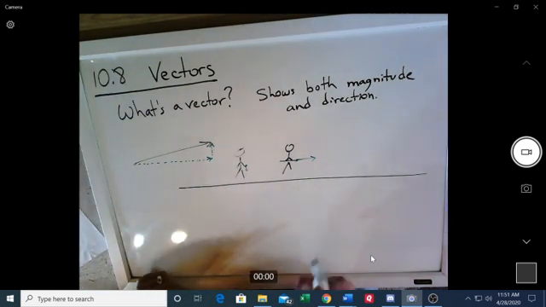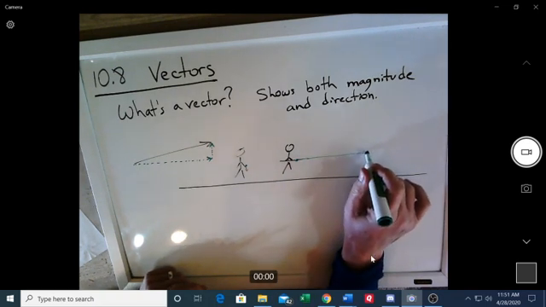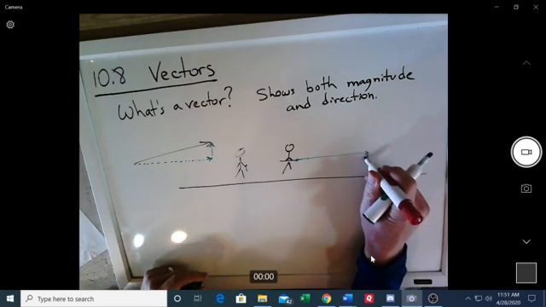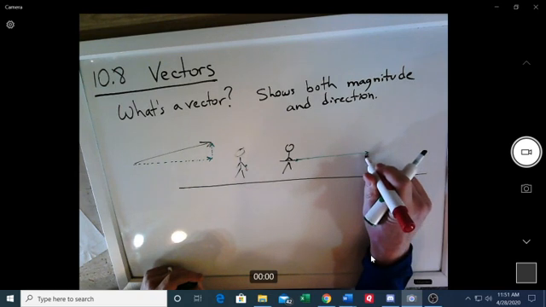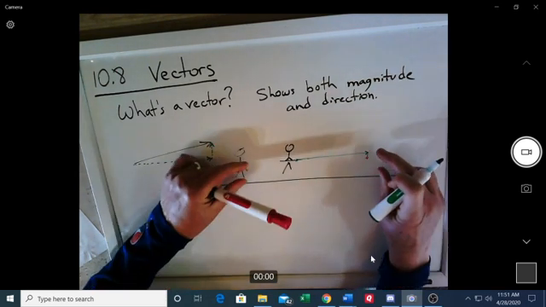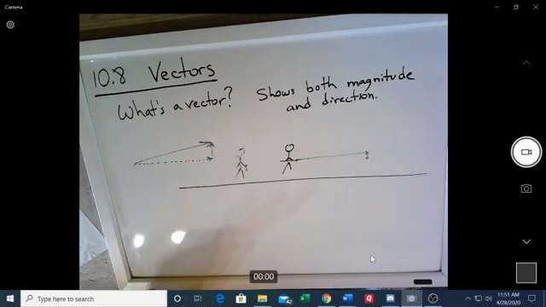This bullet might go this far and fall this far. Same distance. The vertical distance is being affected by gravity. The horizontal momentum was just given by the gun itself.